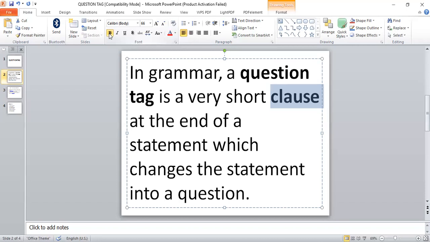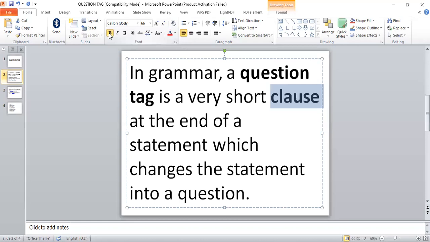And as soon as the question comes, it requires an answer afterwards. Now note, the answer that will come afterwards will raise a polar question, either a yes or no answer.